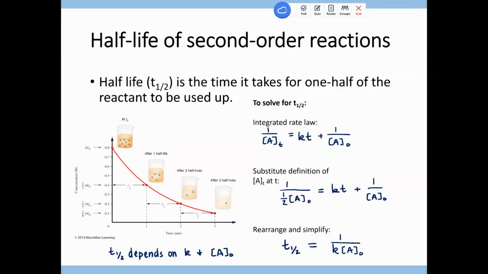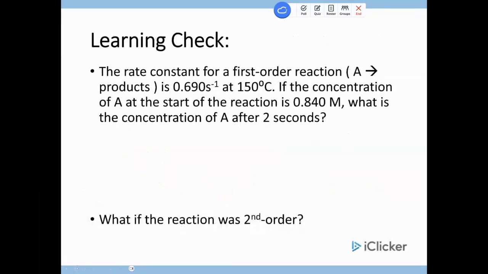All right, let's do this learning check on the next slide. So we are provided some information. We have the rate constant for a first order reaction where A is the reagent. They provide the rate constant. What's the variable for a rate constant? K, yes. So they give us k at a certain temperature.